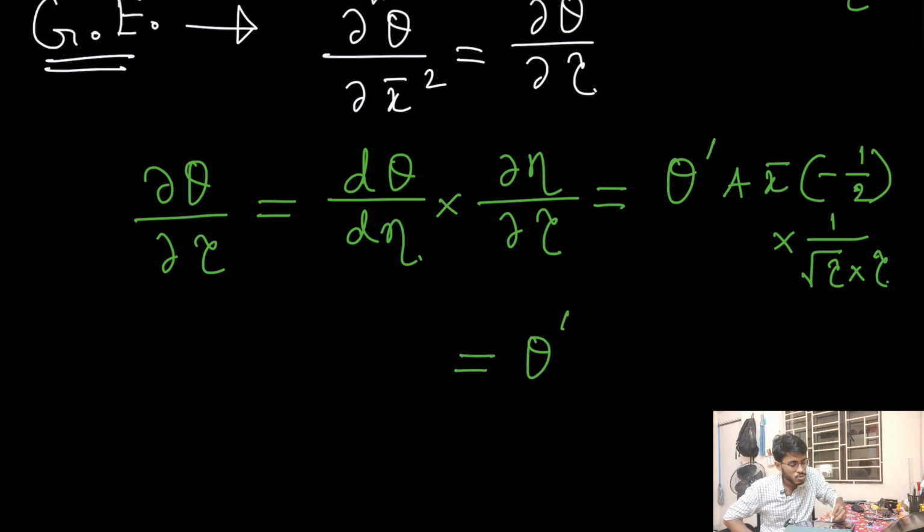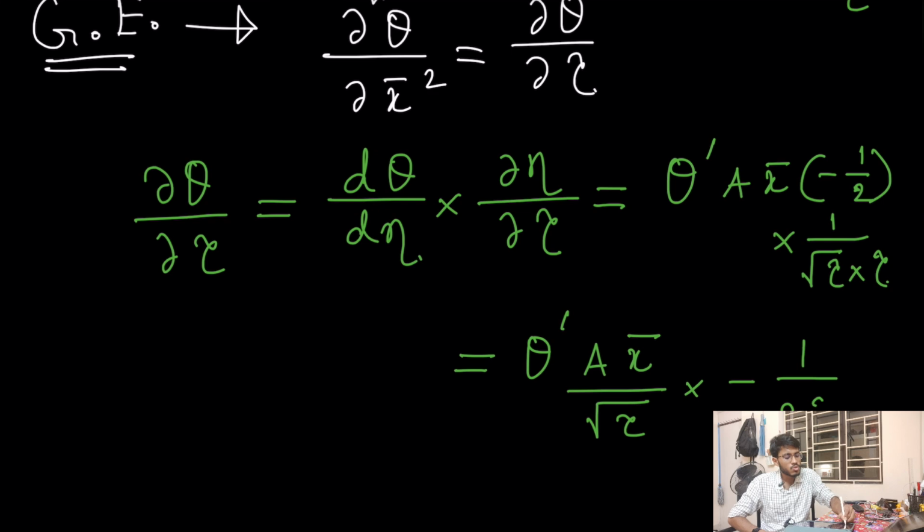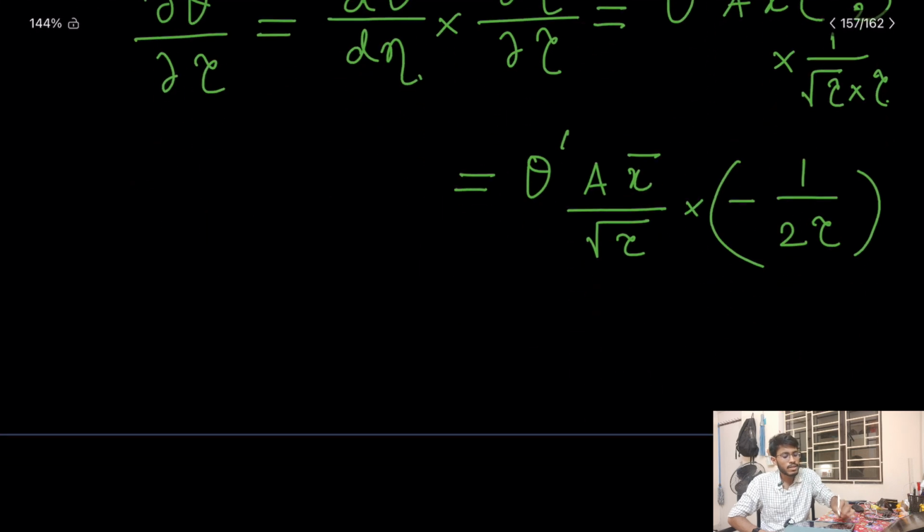And that will be equal to theta into a into x bar by root tau, into minus 1 by 2 of tau. Clear?